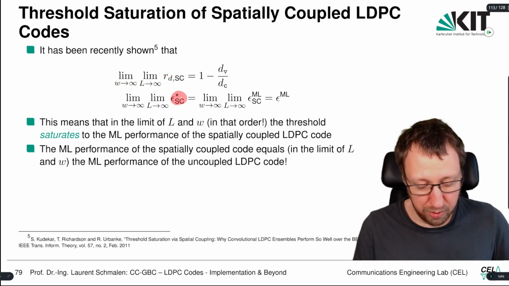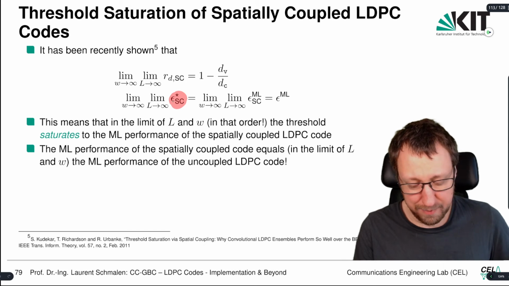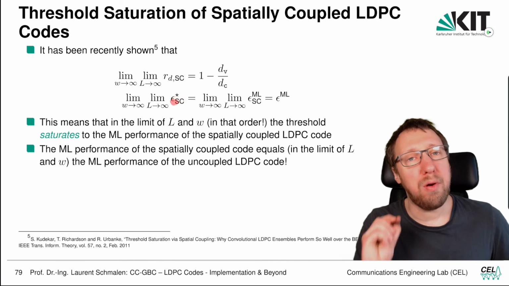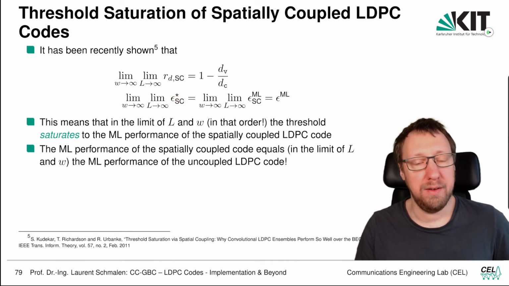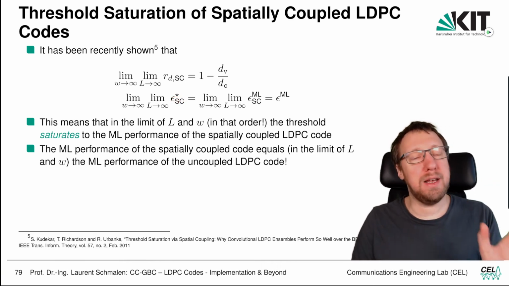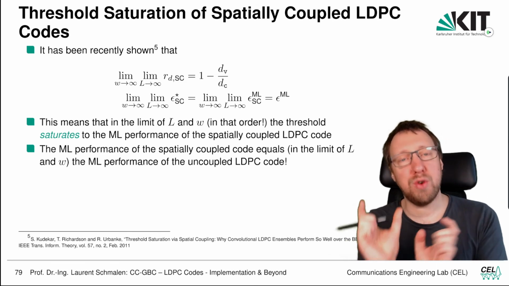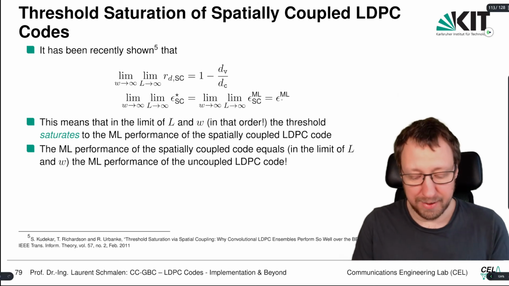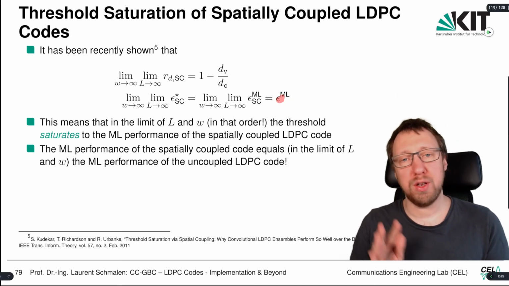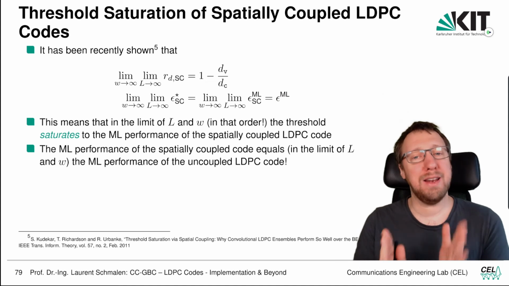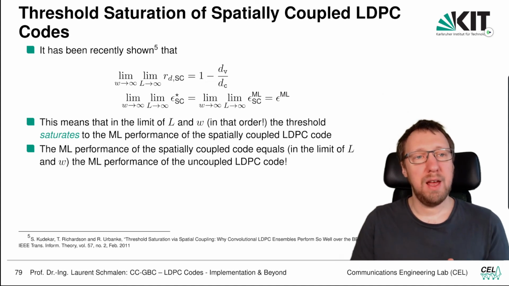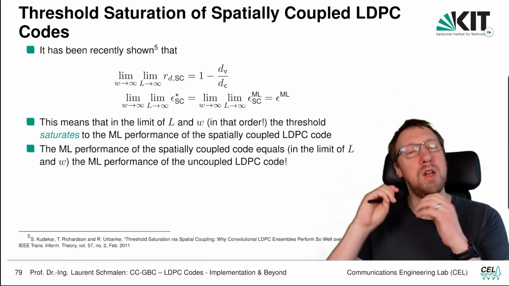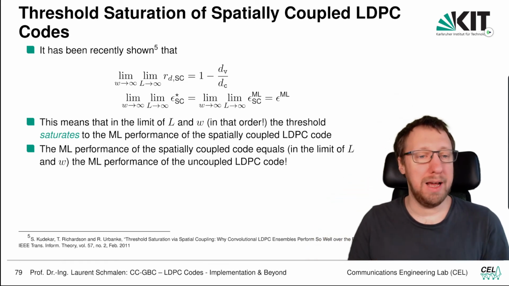And the threshold epsilon_SC is the same as the threshold if you would employ maximum likelihood decoding. So by using message passing decoding, we get exactly the same threshold as if we would use maximum likelihood decoding of the uncoupled LDPC codes. And this is why it's called threshold saturation, because the threshold saturates to the maximum possible, which is maximum likelihood decoding performance.